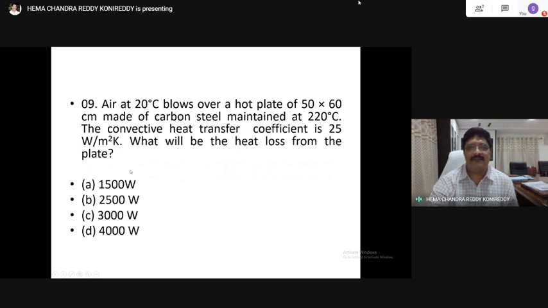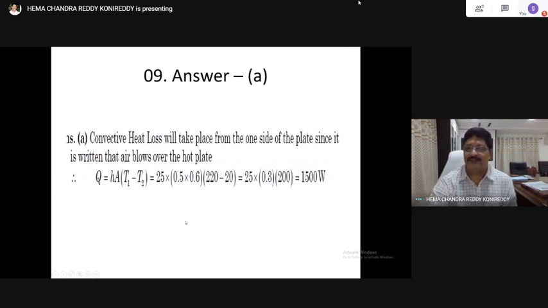What will be the heat loss from the plate? Plate temperature is 220 degrees centigrade, air is at 20 degrees centigrade. Plate size is given as 50 by 60, so area is known, and heat transfer coefficient is known. Whether it is carbon steel or something else, with the data given it is Q equal to hA delta T, straight away the equation solution.